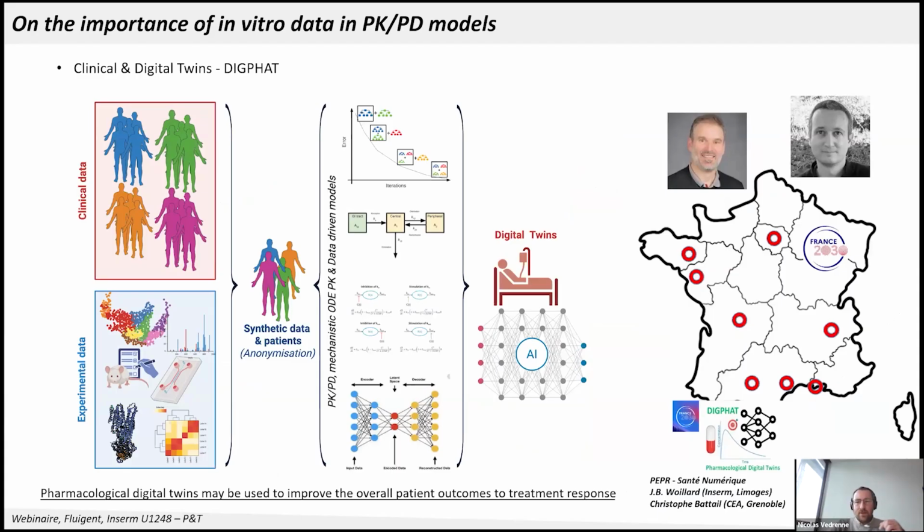Today I would like to focus on a very important project which has taken a new dimension with AI and was granted the France 2030 award, the DIGFAT project led by Jean-Baptiste Woillard. This funding allows us to develop clinical and pharmacological digital twins capable of predicting individual treatment response in transplantation and beyond.